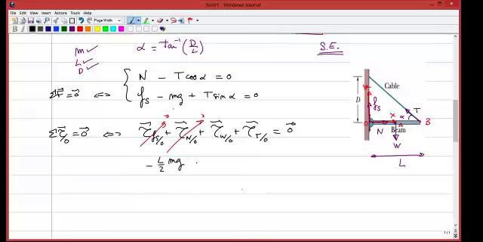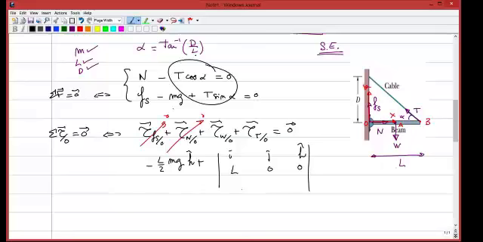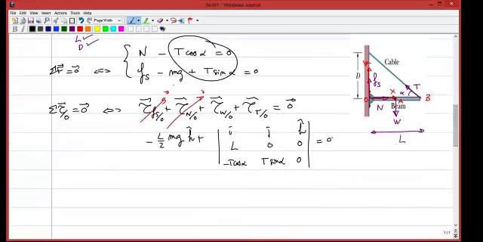Or set up the matrix as usual, just to be safe. The position vector is from O to B, therefore it's L, 0, 0. And the force T, we already did here: minus T cosine alpha, T sine alpha, 0. The sum of those two is 0k.